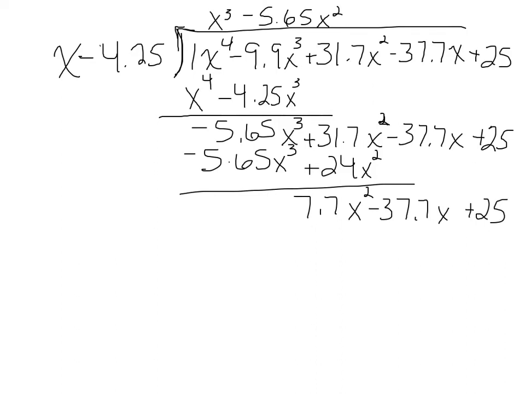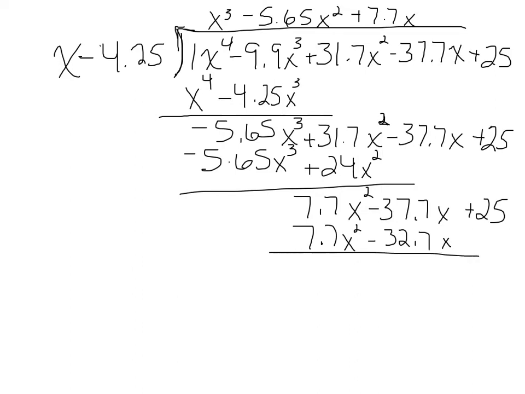I want to get 7.7x^2 from x, so I'm going to need a positive 7.7x. Multiply 7.7x^2. Negative 4 1/4 times 7.7 is negative 32.7, we'll call it. Draw our line and subtract.